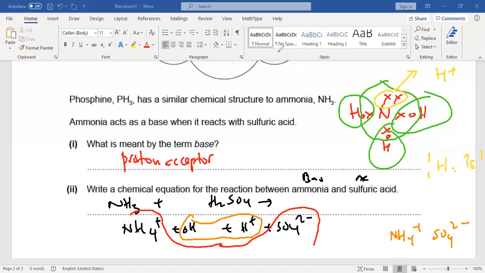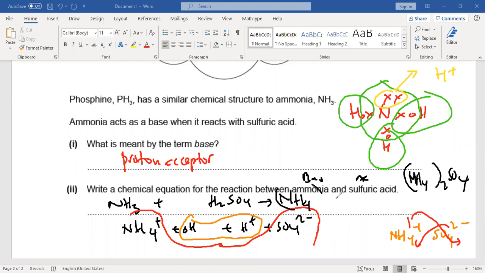So you just change this one. Give 2 to NH4, and NH4 gains 2 from SO4, then you'll have (NH4)2SO4, and you have water.